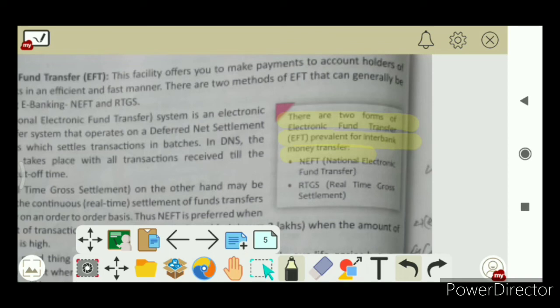And here there are two types: NEFT, National Electronic Fund Transfer, and RTGS, real time gross settlement. NEFT is used for amounts less than 2 lakh, but RTGS is used for transferring amounts of 2 lakh and more, right?